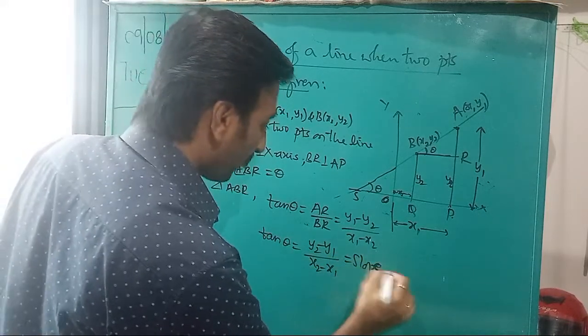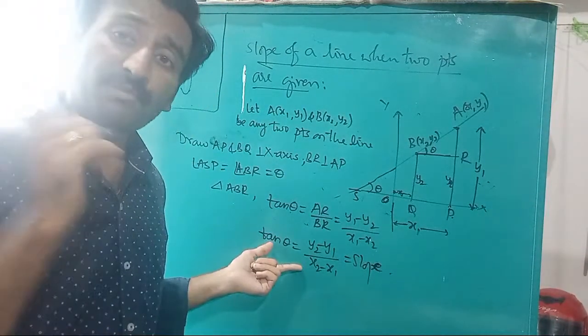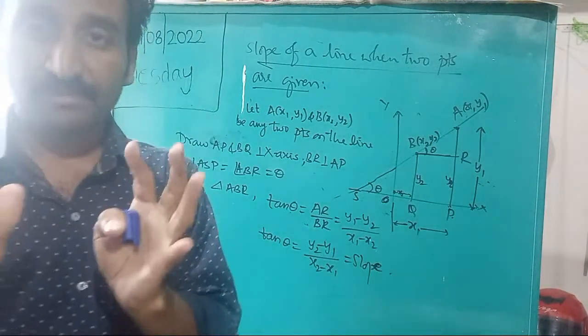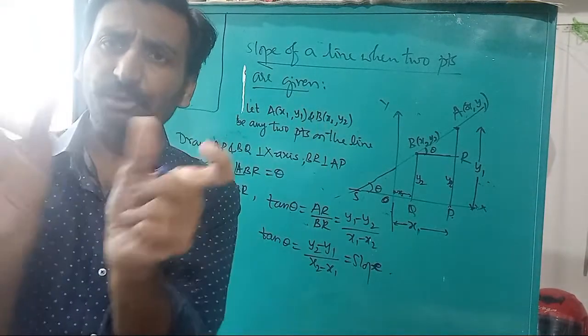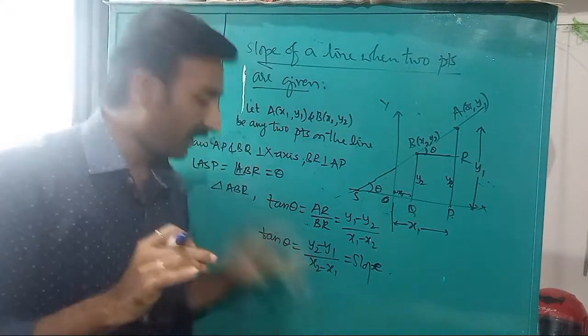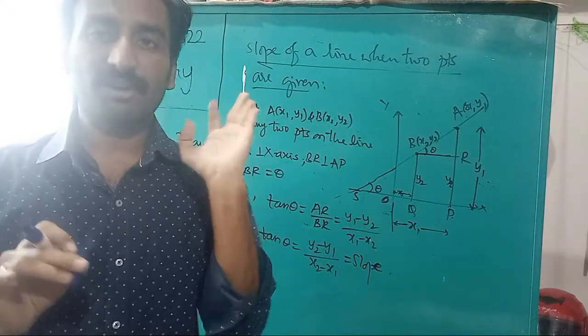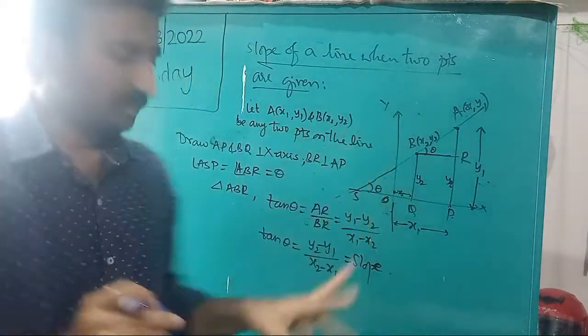Now look at this very clearly. Whenever you are interested in finding the slope of any line, when 2 points are given, you simply have to do this. Find the difference of the y coordinates divided by the difference of the x coordinates: y2 minus y1 divided by x2 minus x1. That's all, nothing else in that.